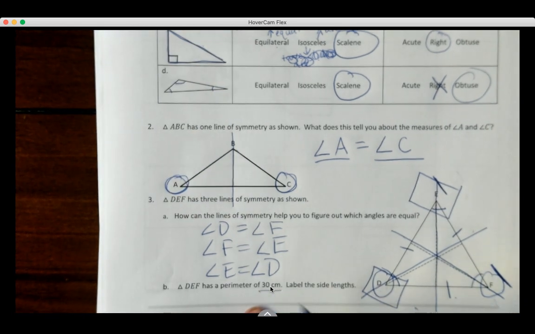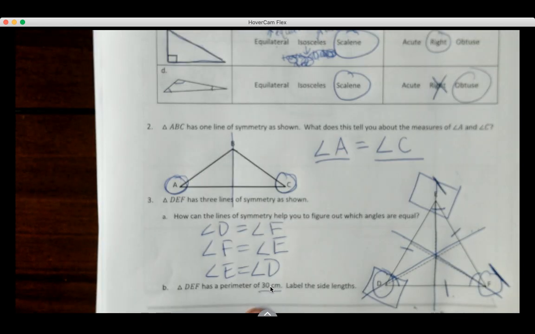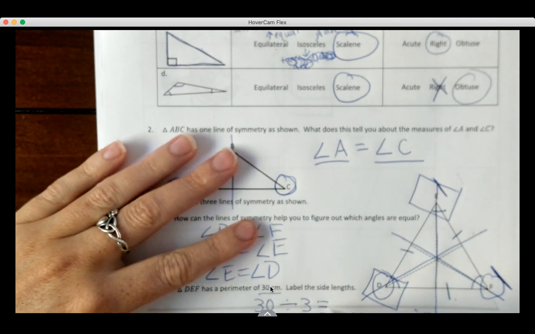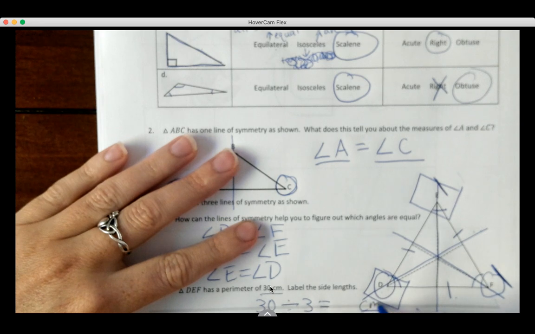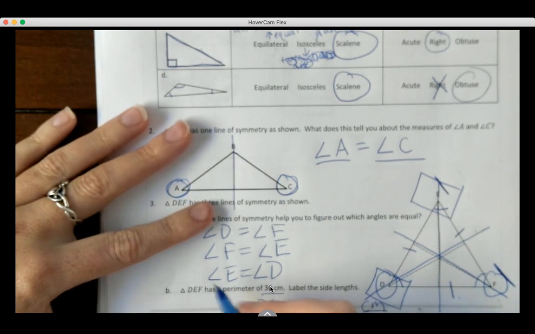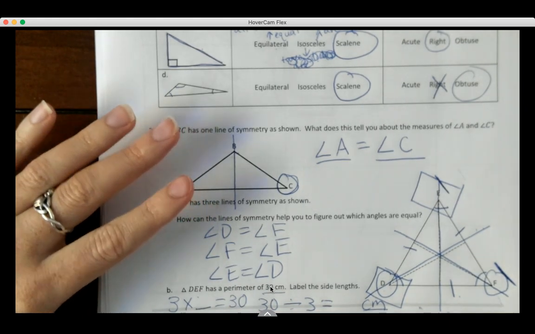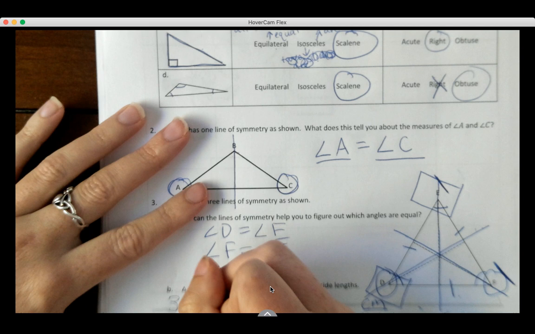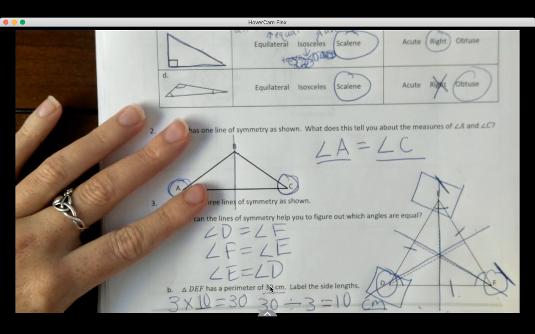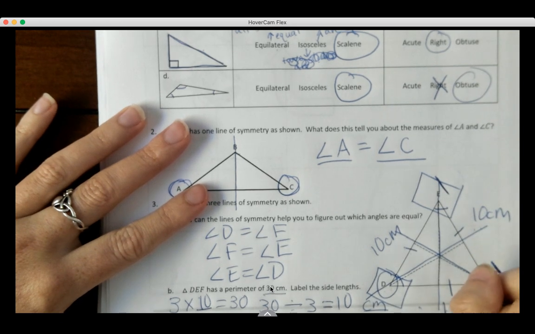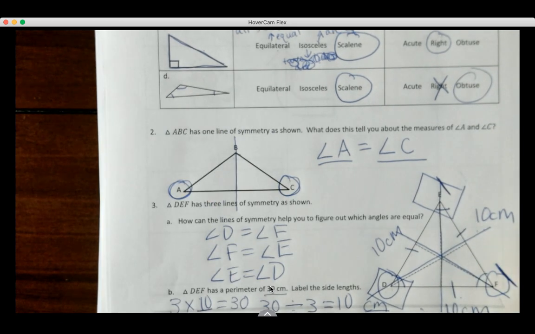If there's 30 and I have 3 sides in a triangle, then what should each side be? 30 divided by 3 equals something centimeters, or you could think about it as 3 times what gets you 30? 3 times 10. So each side length is 10 centimeters, 10 centimeters, 10 centimeters. And that's how you do 3A and B.